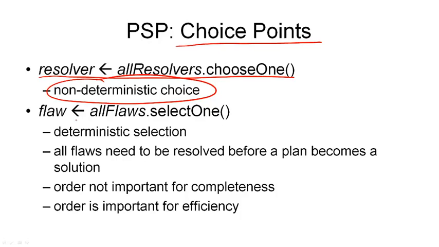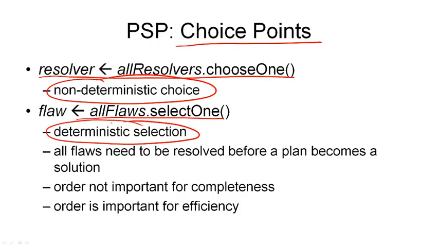The other choice point, where we select one of the flaws that we try to resolve next, is a deterministic selection. That means we don't need to backtrack over this choice. That means we can choose one of the available options and then don't need to explore the other options at this point. And the reason for this is very simple. If a plan contains multiple flaws, we need to resolve all these flaws before it becomes a solution plan.